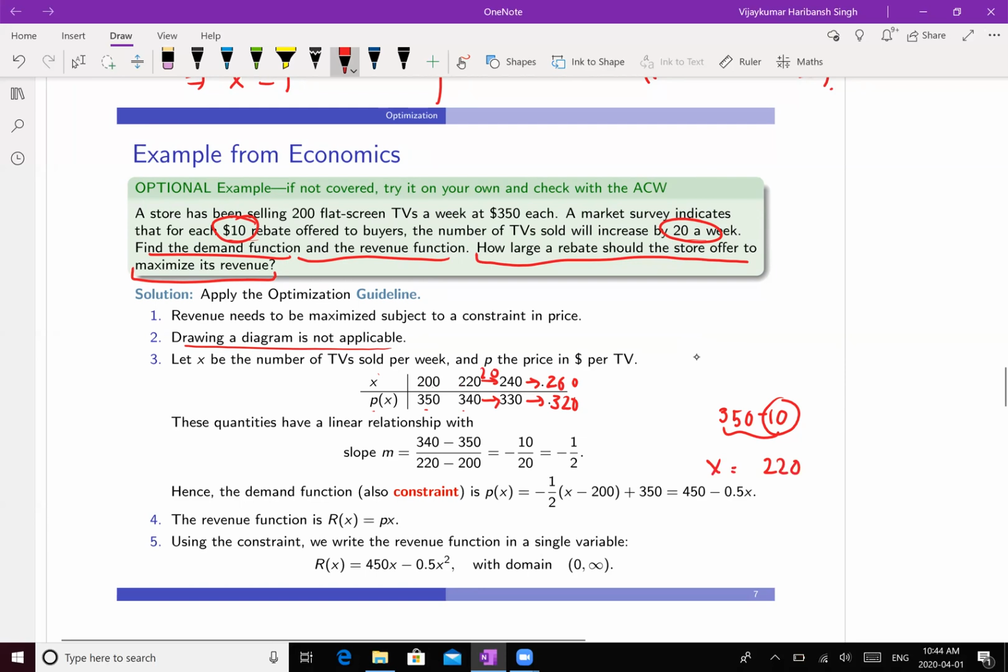So we can see (340 minus 350) divided by (220 minus 200). So this is the slope m. So we get minus 10 by 20, which is minus half. And then you get what? In this case, P(x) has slope minus half.